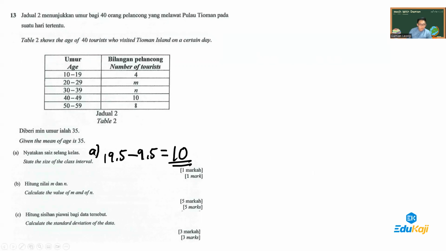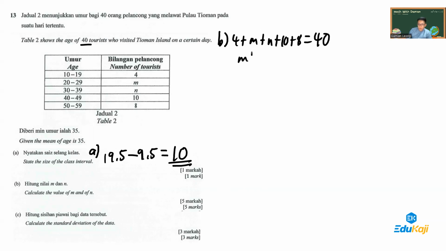Part B, I'll find M and N. What I know is the mean is 35, and this is the age of 40 tourists. So for part B, first, adding all up together is 40.